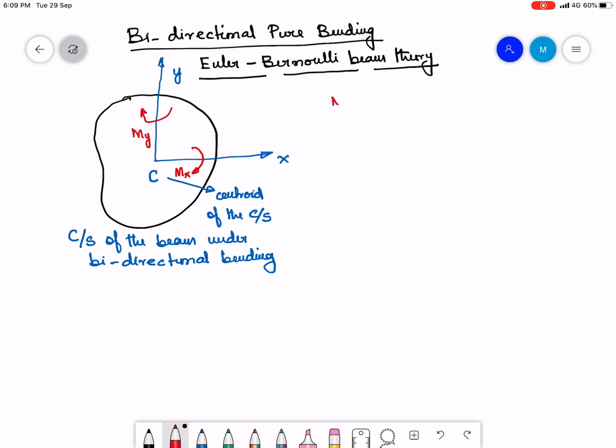So mx and my are the applied or external moments about x and y axis respectively.